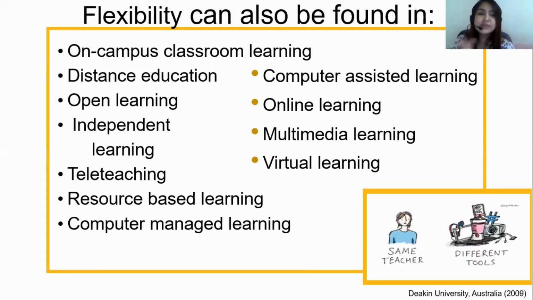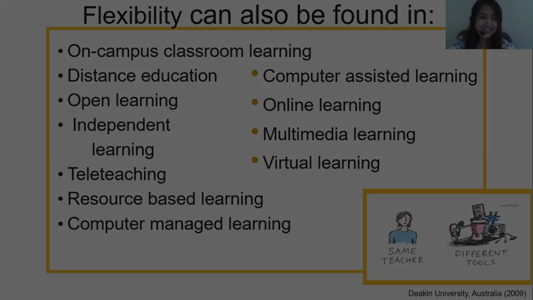So flexibility can be found in on-campus classroom learning, distance learning, open learning, independent learning, teleteaching, resource-based learning, computer-managed learning, computer-assisted learning, of course, online learning, multimedia learning, and virtual learning.